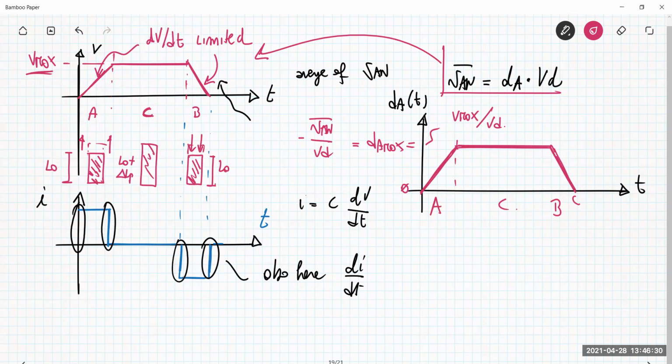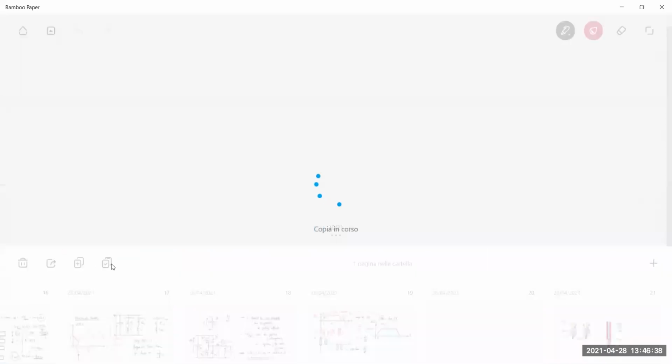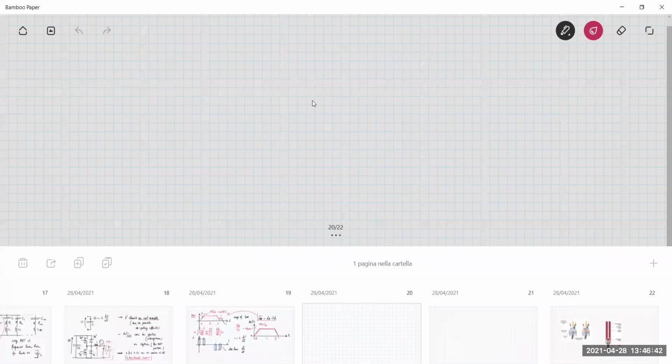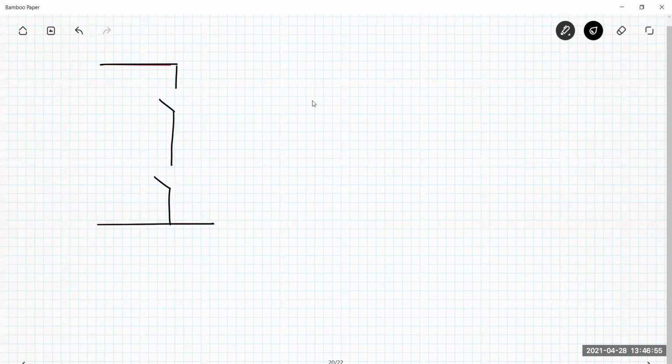Let me discuss this point. I'll put ideal switches in place of the MOSFETs, to accelerate my drawing.